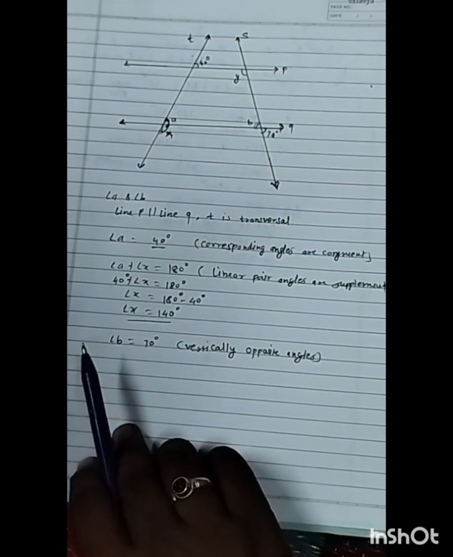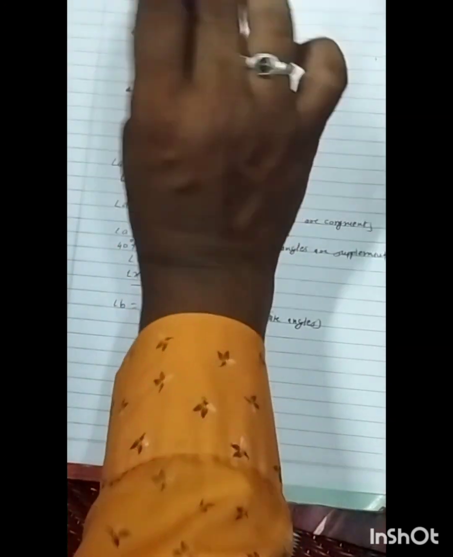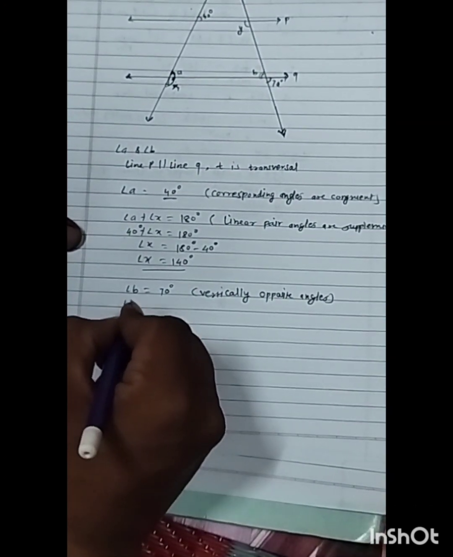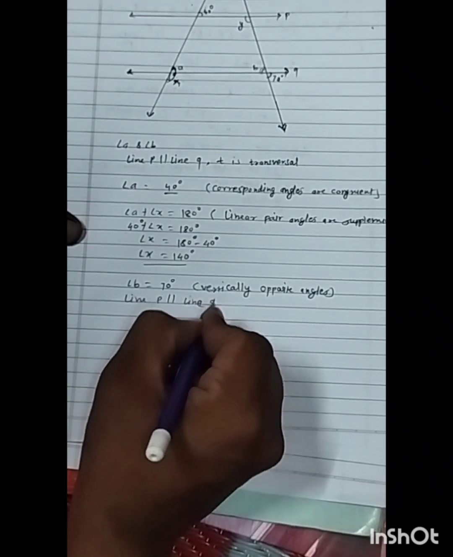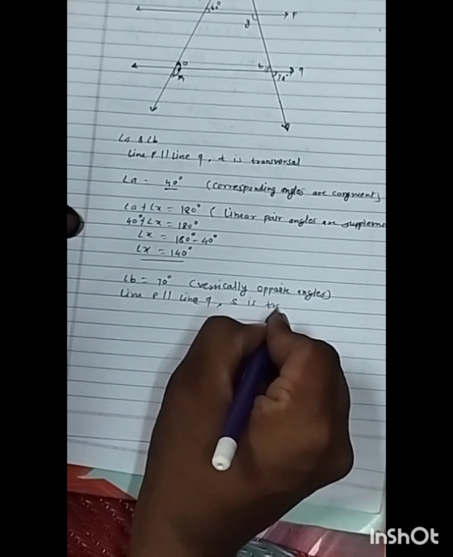Now we have to consider that line P and line Q are parallel and S is the transversal. First we consider line P and Q. Line P is parallel to line Q and S is their transversal.